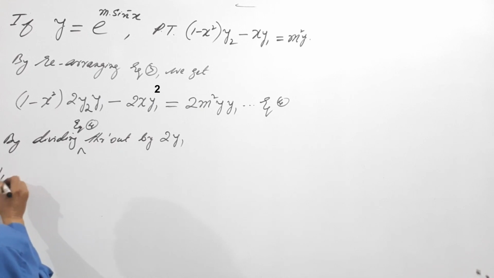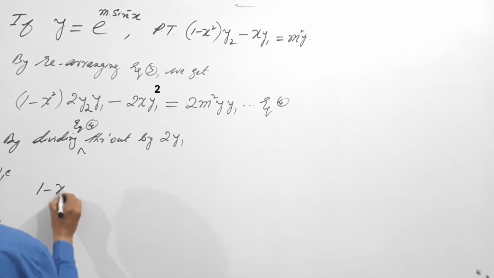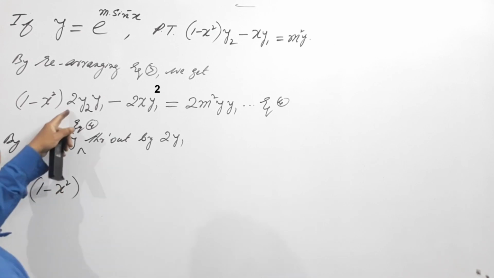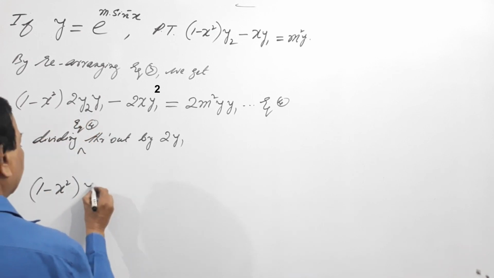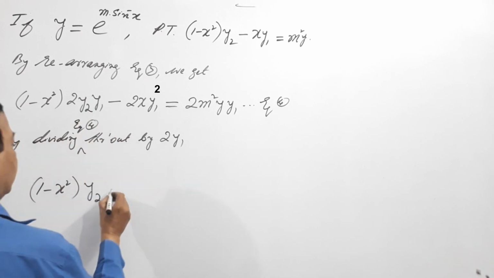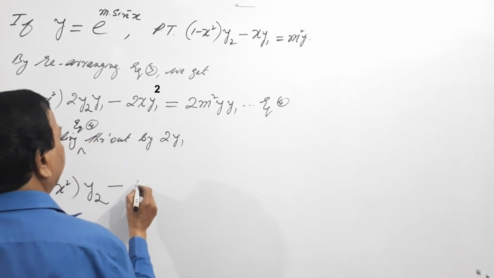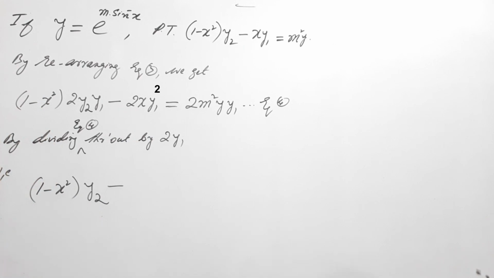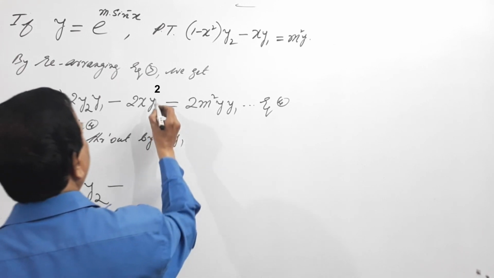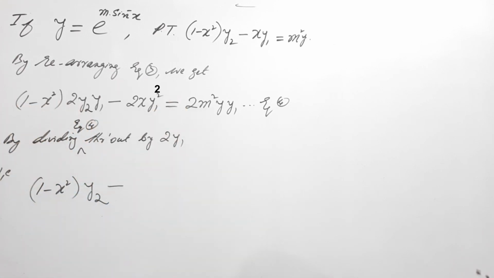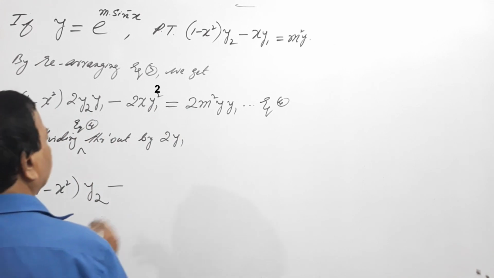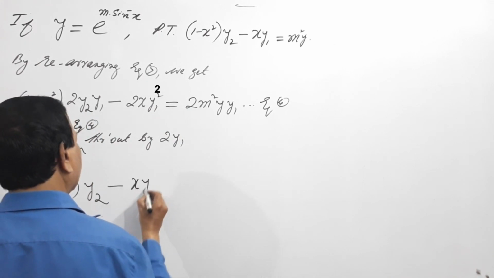That is 1 minus x square into 2y1 y2, so 2y1 divided means we get y2, 2y1 goes. Here these are 2y1 square, sorry. What happens by dividing that? So this becomes x y1.